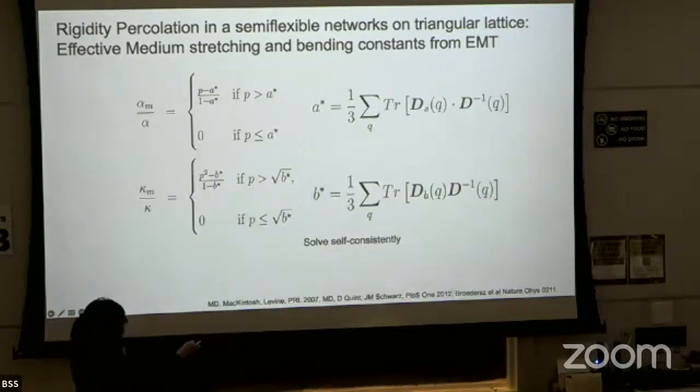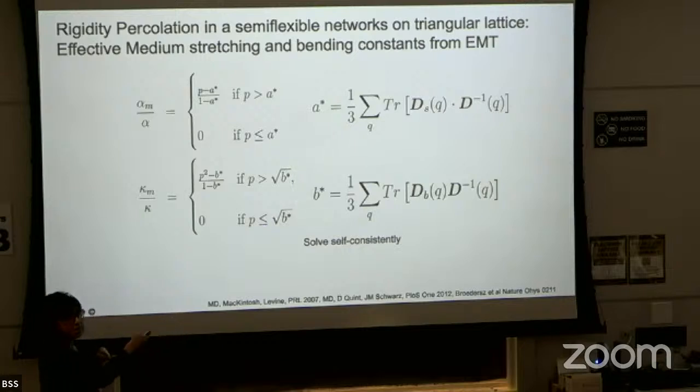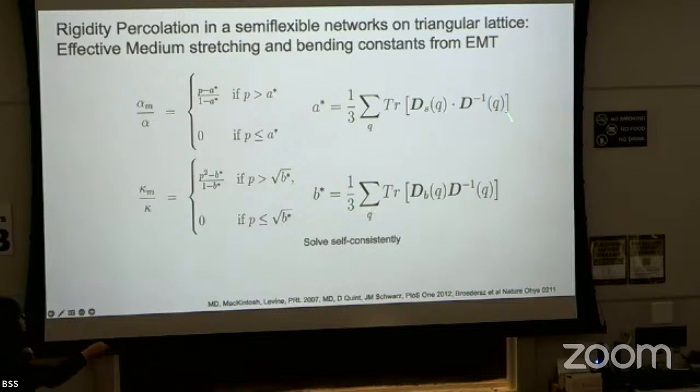And for the bending, this is for the D_B part, and the inverse is for the full dynamical matrix, right? So A star and B star are now different. A star is going to depend on both alpha_m and kappa_m, and B star is going to depend on both alpha_m and kappa_m. So to get the percolation threshold, we will have to solve all of these equations self-consistently, and then we get the percolation threshold.